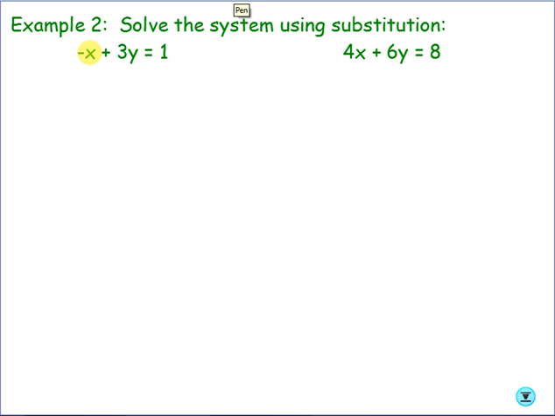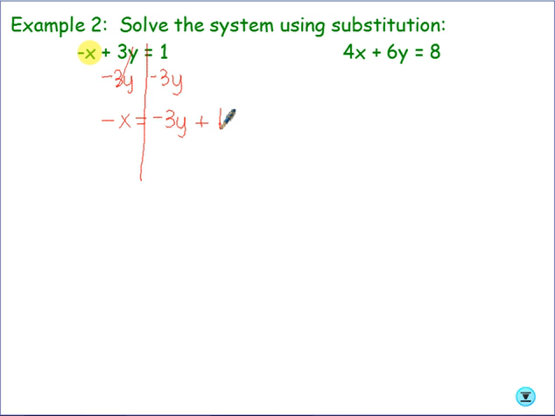So let's watch what happens. Put up your line. X is not allowed to move. 3Y must move instead. I'm going to subtract 3Y from both sides. Yes, this looks a little strange. That leaves us with negative X equals negative 3Y plus 1.